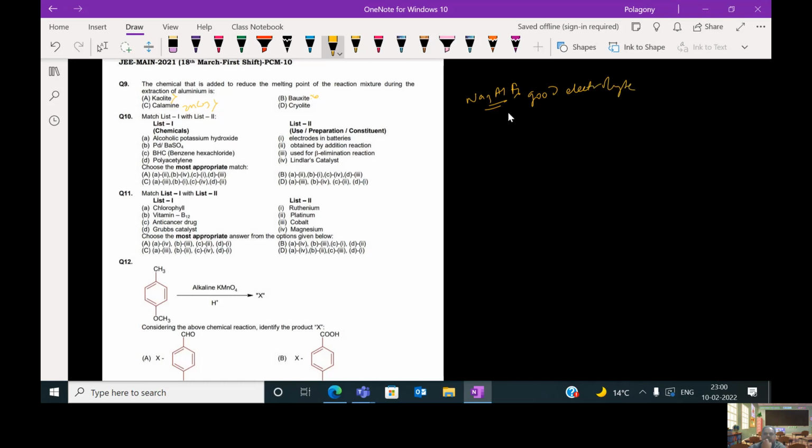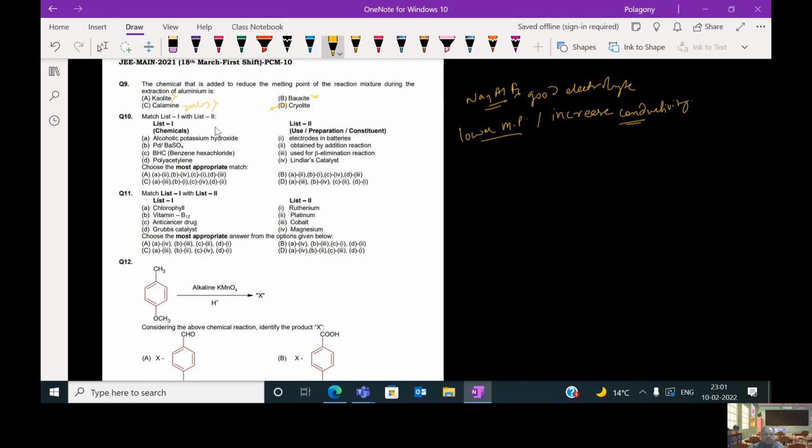It is added to the aluminium ore to increase conductivity and to lower the melting point. So cryolite is the correct option, D.